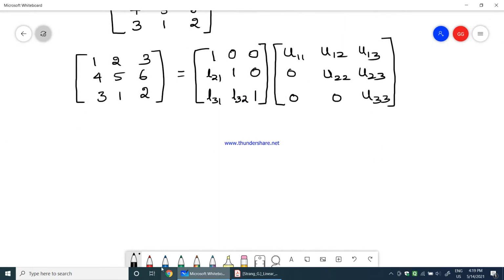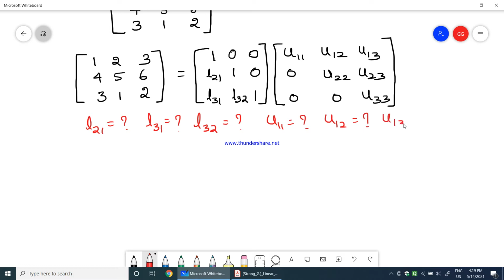So here we need to find L21, L31 and L32. Meanwhile we should also find U11, U12, U13, U22, U23 and then U33.